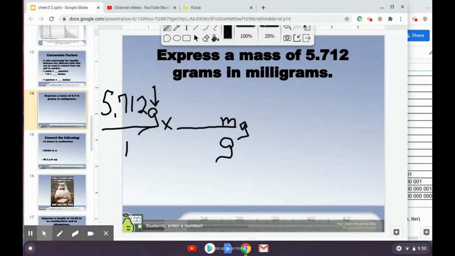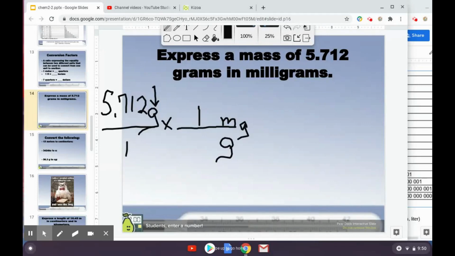So now we're going to look at our conversion chart to see how many milligrams and grams are equal to each other. One thing, when you're doing these conversions, the unit that has the prefix, so for example, the milligram, will always have a 1. But we need to know how many grams are equal to that 1 milligram.